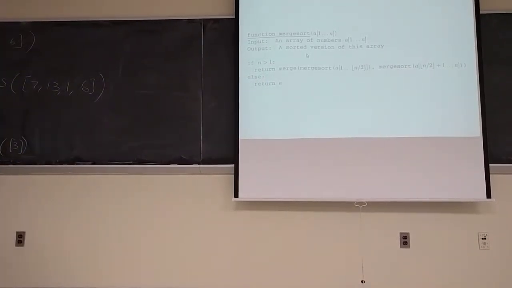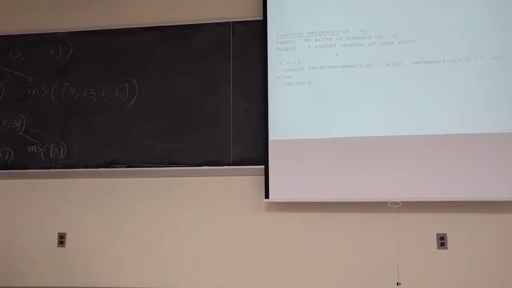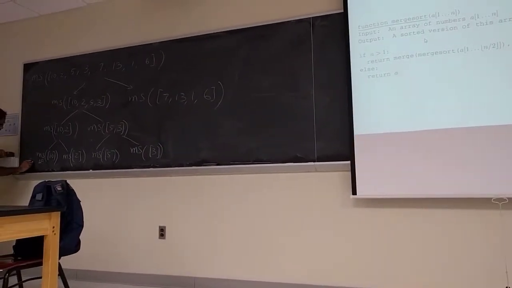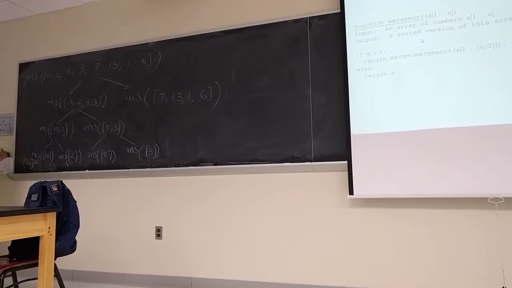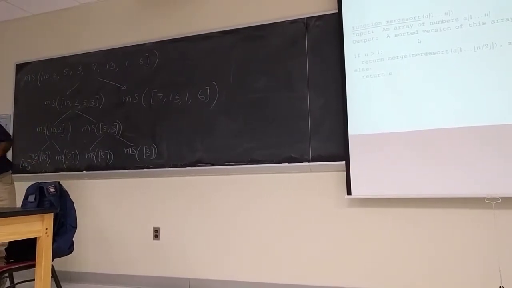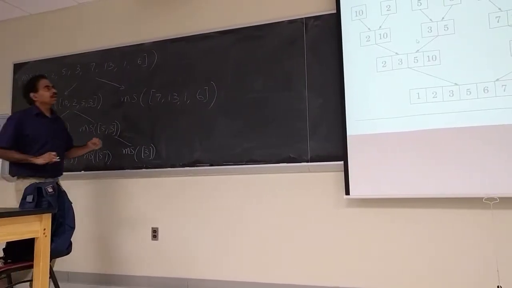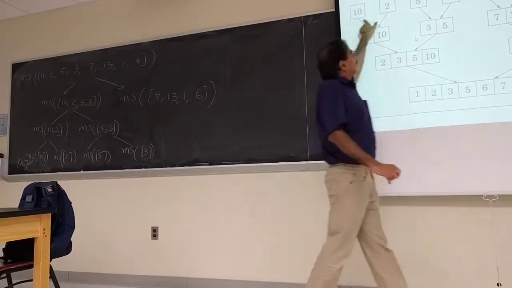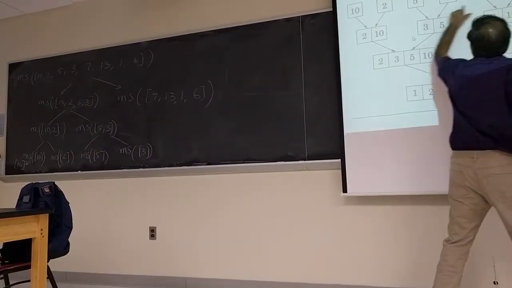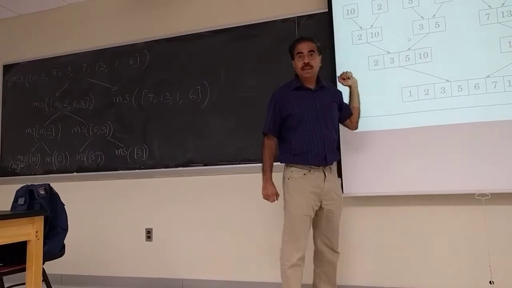So when you call merge sort of 10, this just results in the input array being returned. So you ended up with this at the leaf level.